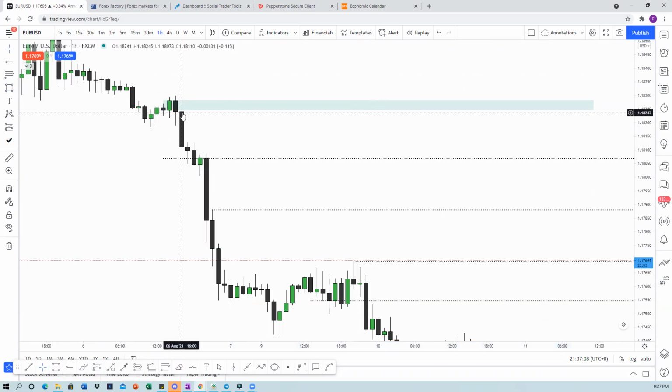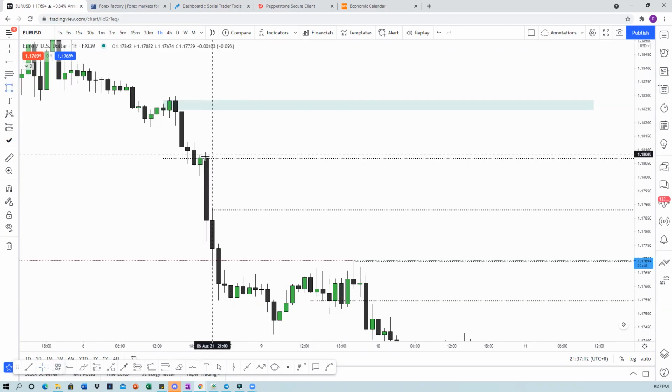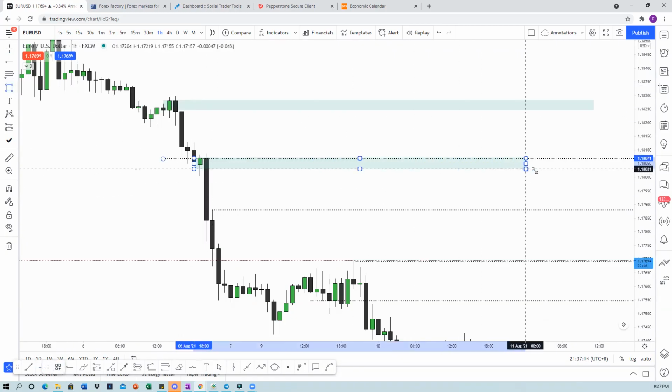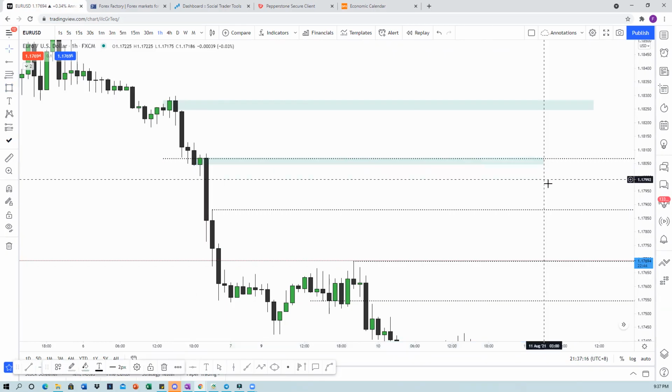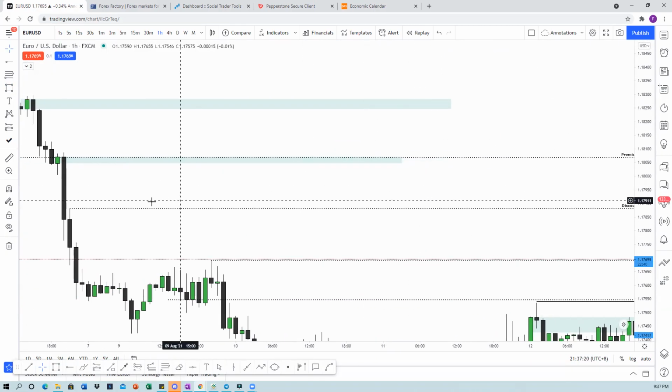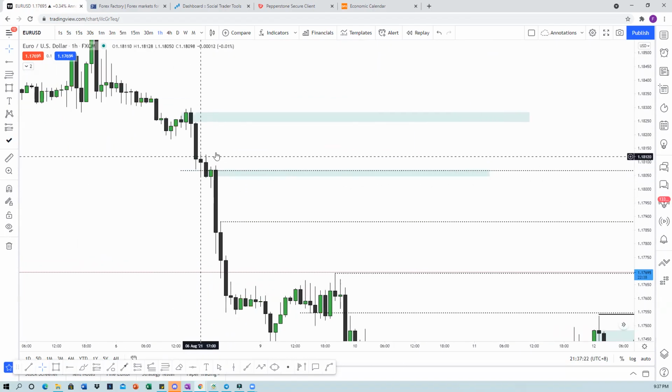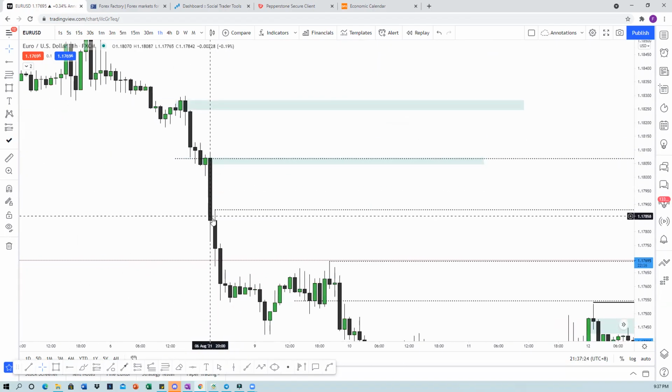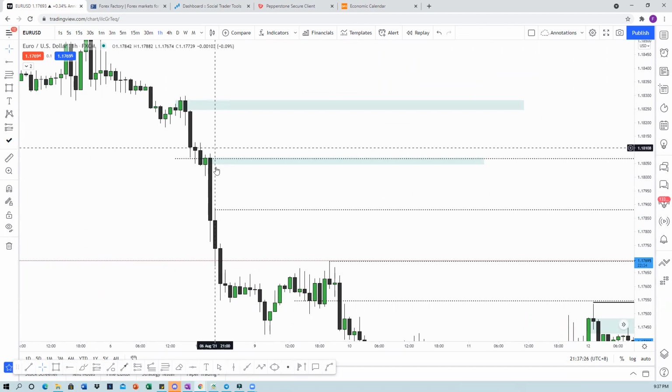See, this one never really came into the body, so something like this and something like this. That's what I would consider a proper valid order block. And yes, it would be very helpful if there's a liquidity void as well.